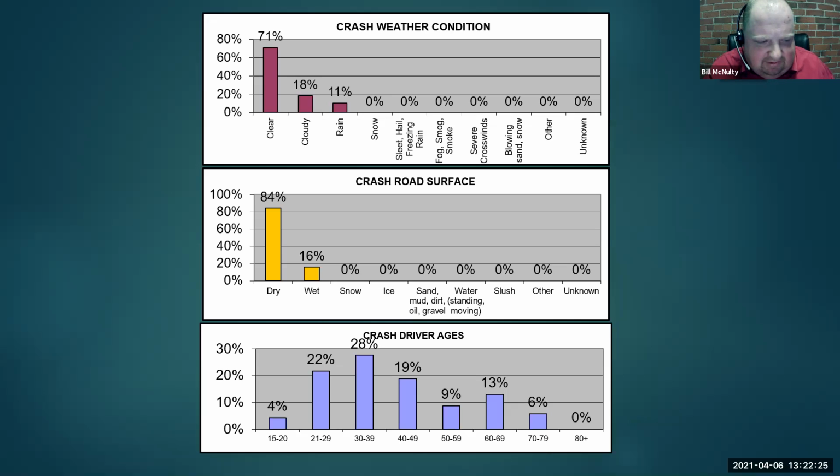In terms of pavement being slippery, that doesn't really appear to be an issue here. And driver ages for crashes trended a little on the younger side. A lot of the drivers were under 40 years old at this location.